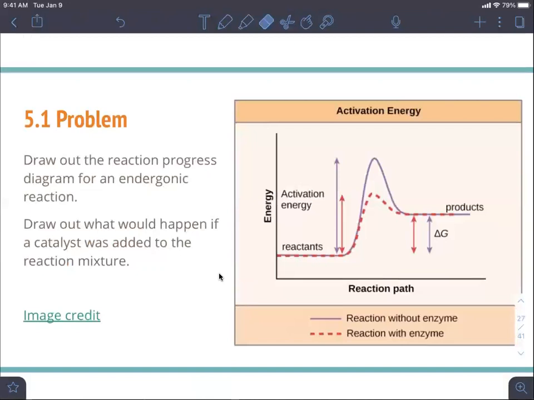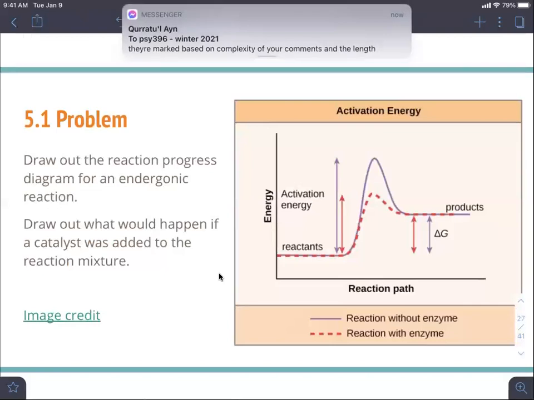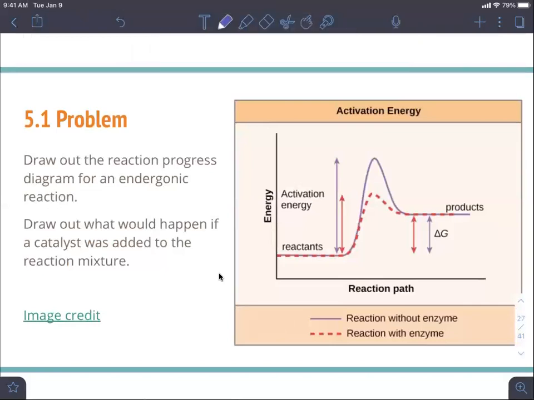Remember from collision theory, what matters is that enough molecules reach the threshold of energy and are properly oriented. If you decrease the activation energy barrier, more molecules can react.